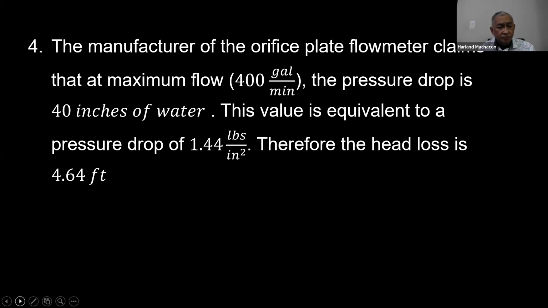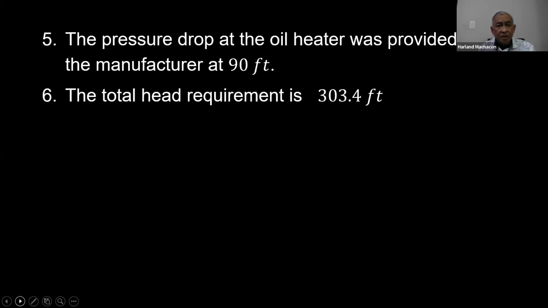Okay. The pressure drop on the oil heater was provided by the manufacturer at 90 feet. So the total head requirement as tabulated results in 303.4 feet.